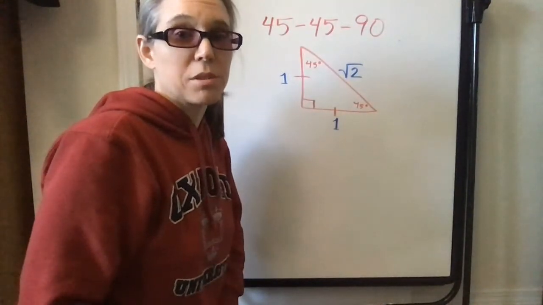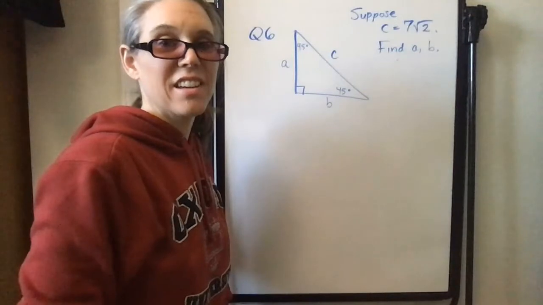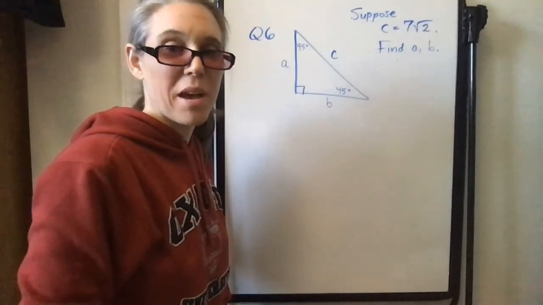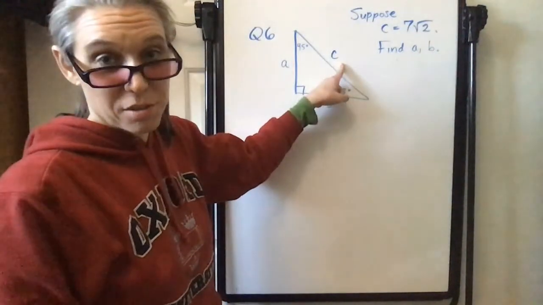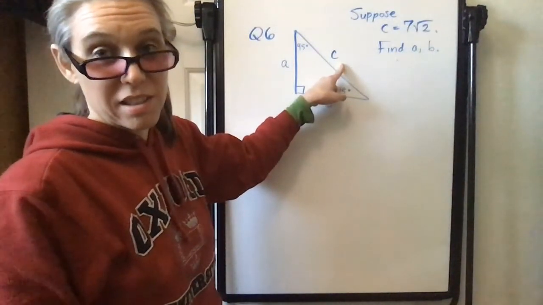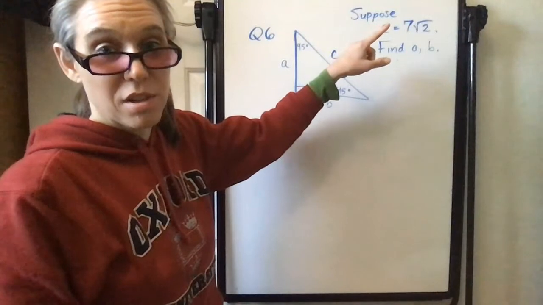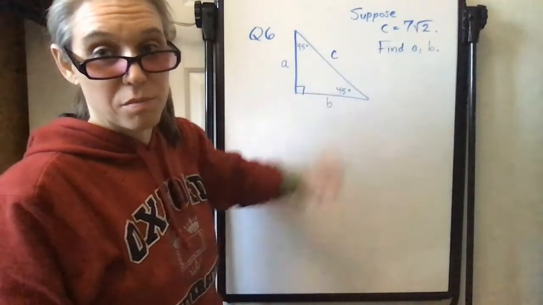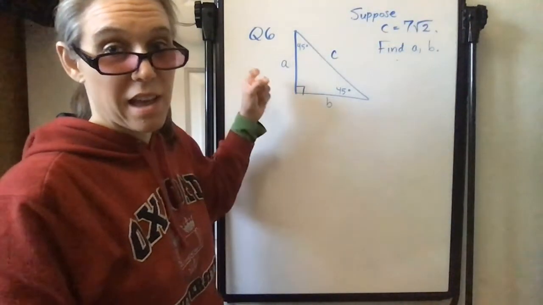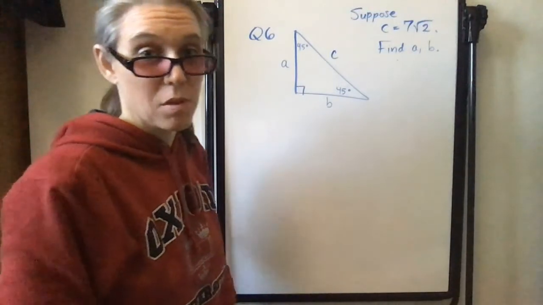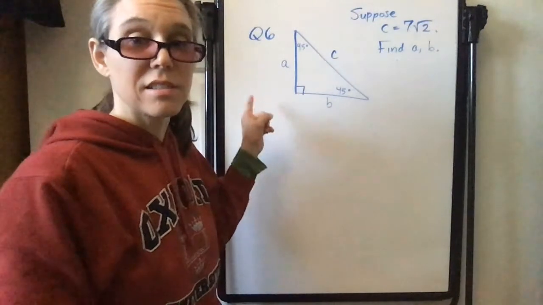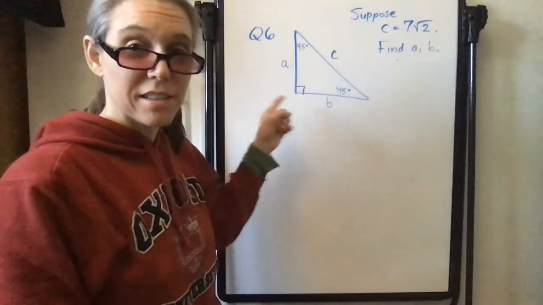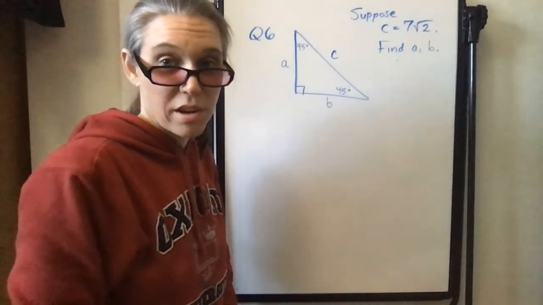Let's try some problems. Okay, here's question 6 from My Open Math. Suppose C, the hypotenuse of this right triangle, is equal to 7 square root 2. Find sides A and B, or the values of A and B. That is, they are the side lengths, the legs of the 45-45-90 triangle.